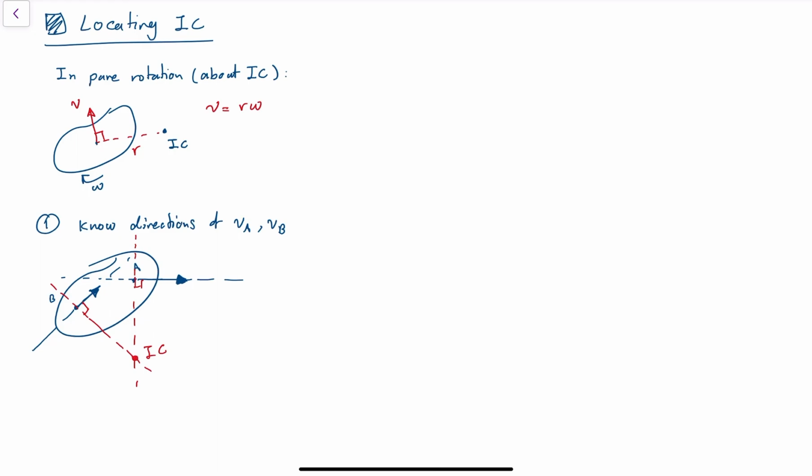Note that all other points must also have the same perpendicularity constraint. So if you know two directions, you can find the IC and then the directions of all other velocities on the body. So that is the easiest.